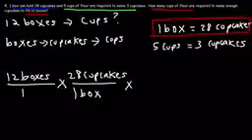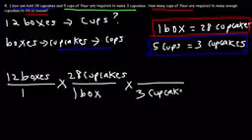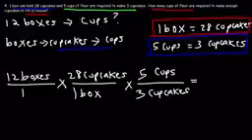And then for the second step, we need to convert cupcakes to cups of flour using this conversion factor. So I'm going to put 3 cupcakes on the bottom, and then 5 cups of flour on top. So the unit boxes cancels, as well as cupcakes.